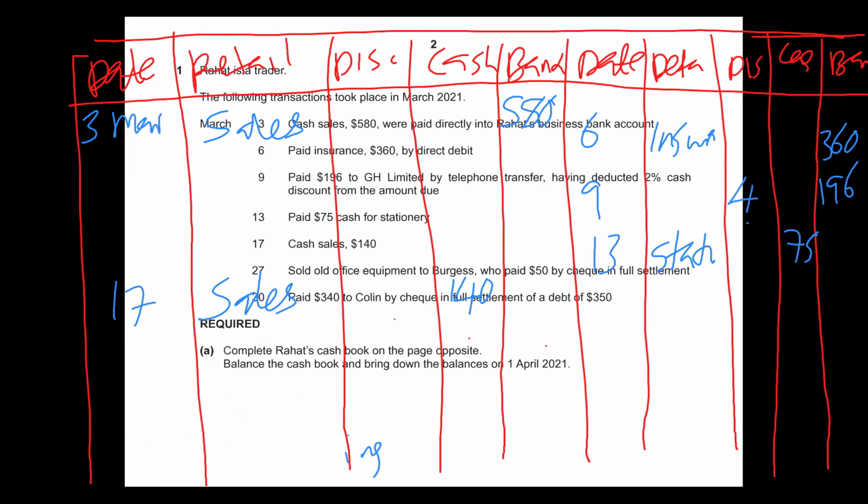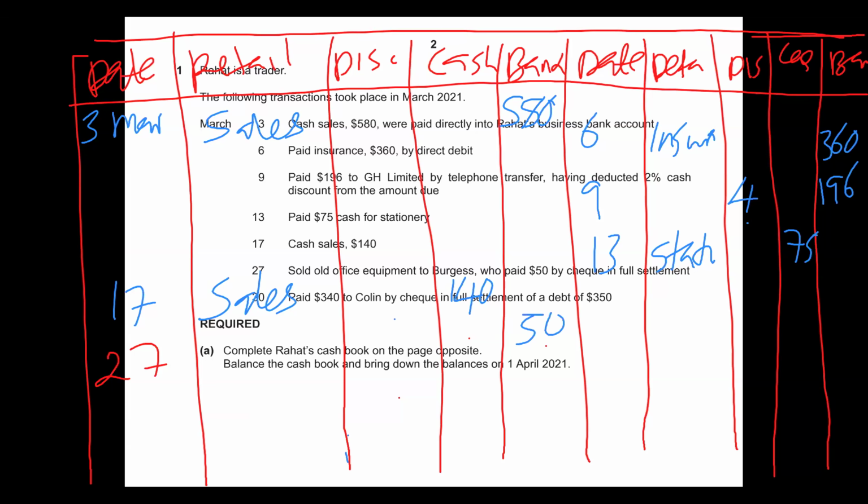So now on the 27th, what happened? We sold office equipment and we received a check. So our bank account is receiving 50, right?